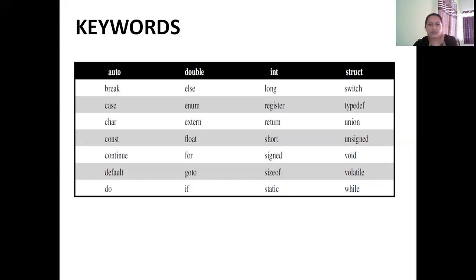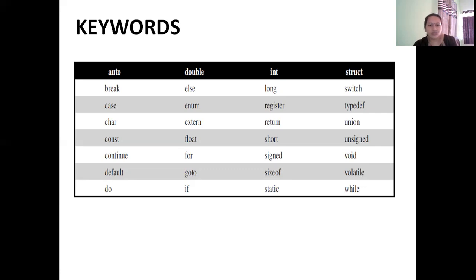So sizeof, volatile, void, so all these are keywords which have their own predefined meaning. For example, int is used to indicate a data of integer type. Double is used to indicate real constant, which has at least 16 digits after the decimal point. So it's used to indicate a real data.